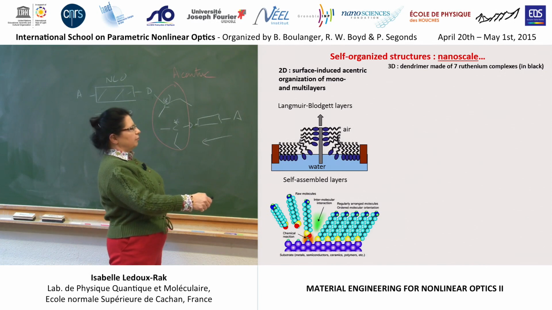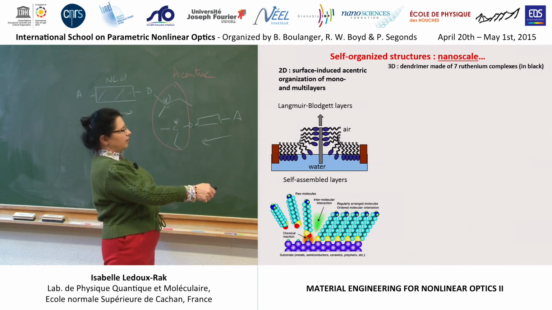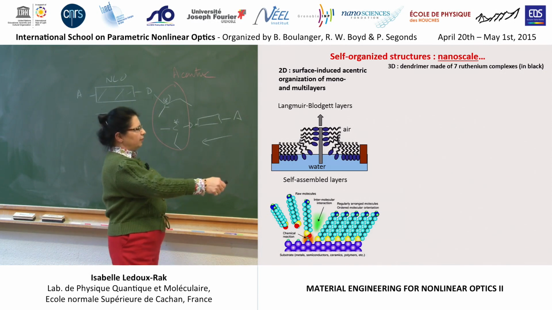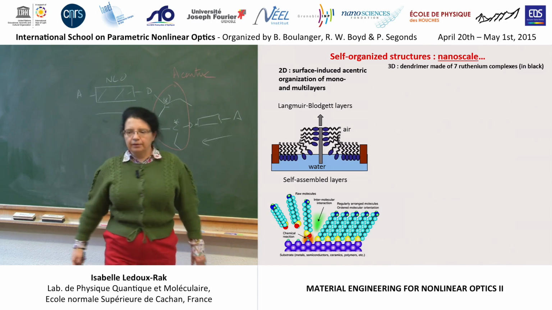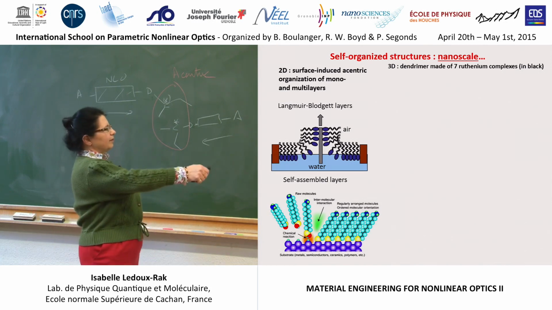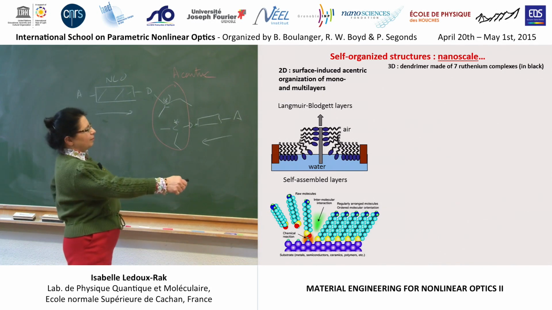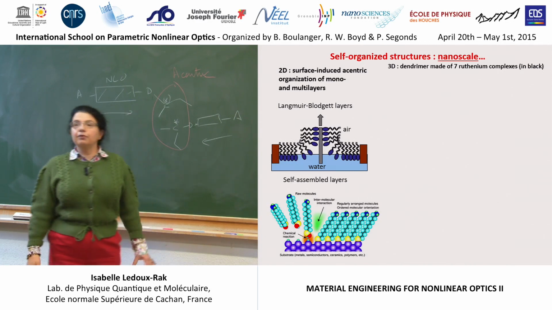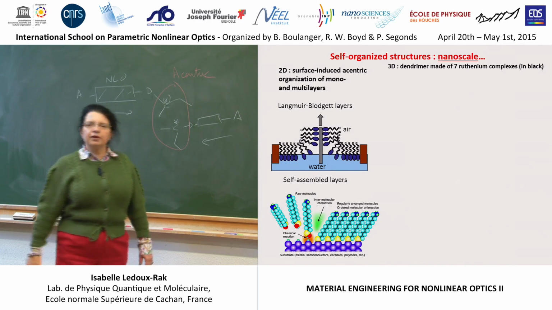When pulling the substrate from water to outside, molecules tend to aggregate on the hydrophilic surface, and you can fabricate non-centrosymmetric layers. After that, it is possible to make multilayers by alternating the nature of the molecules, and you can have thin films with non-centrosymmetric organization.